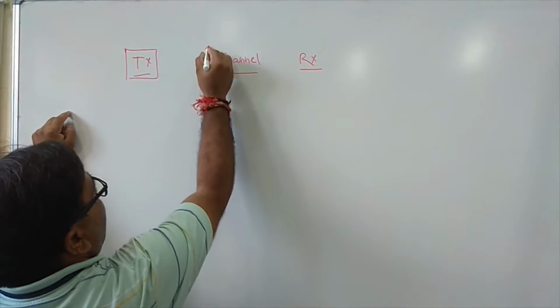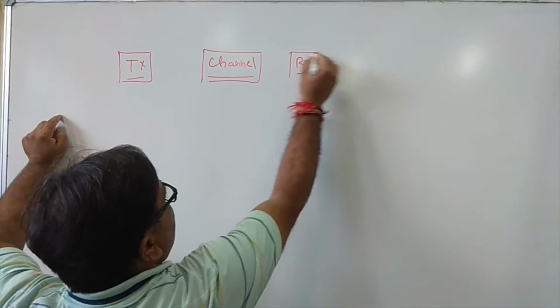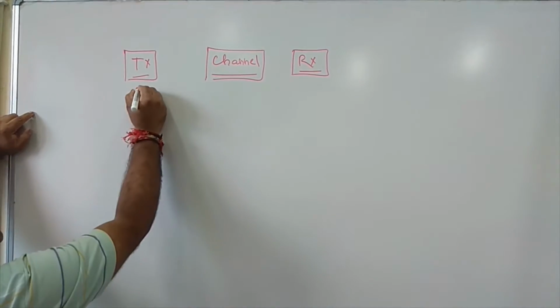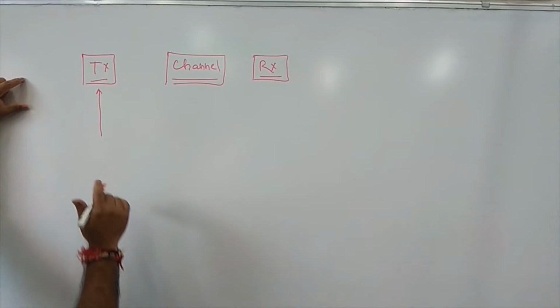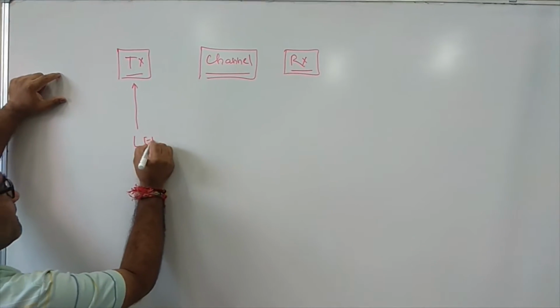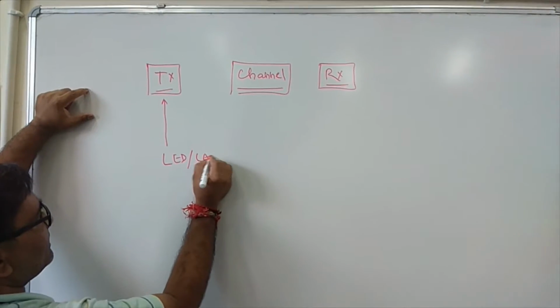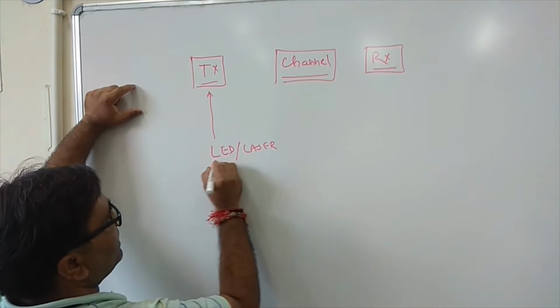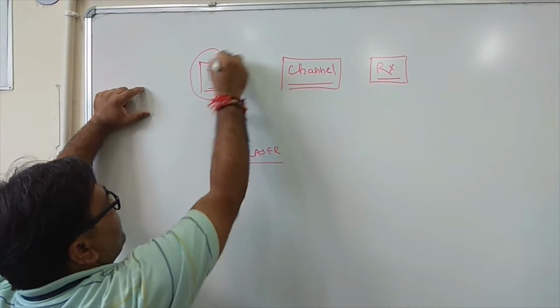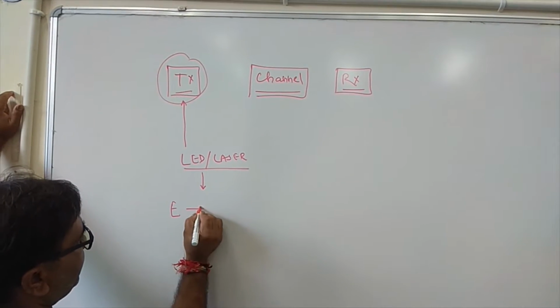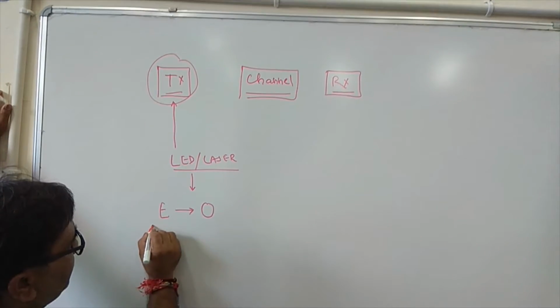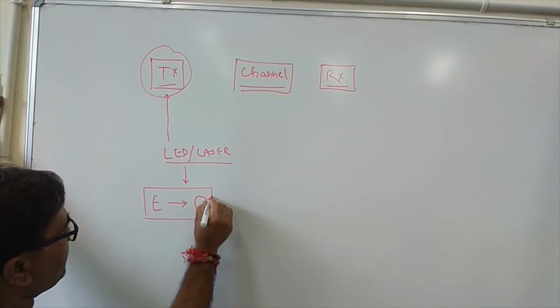In the last class, I also explained that in an optical communication system, LED and laser sources are part of your transmitter, and they convert the electrical signal into an optical signal.